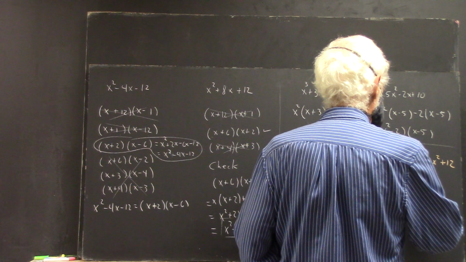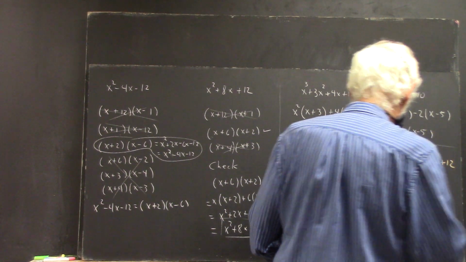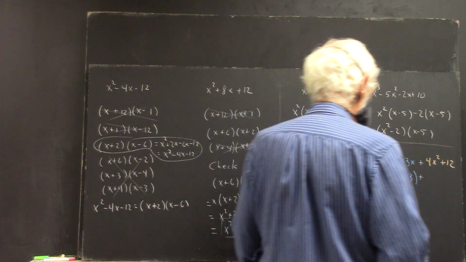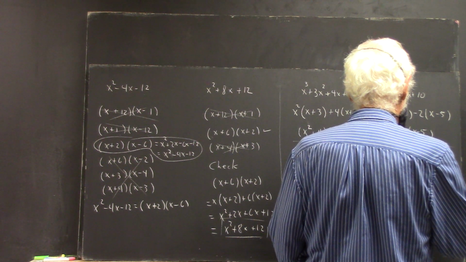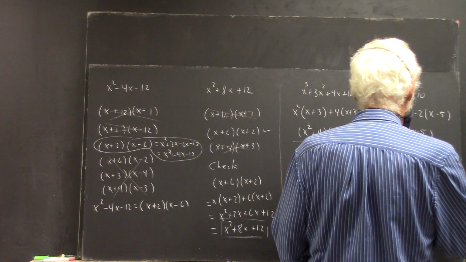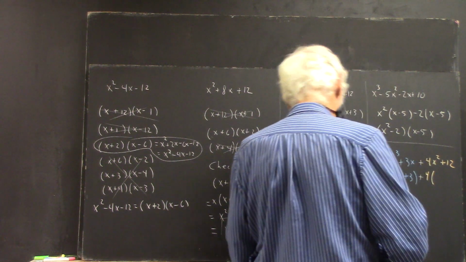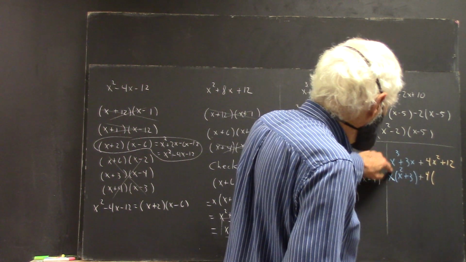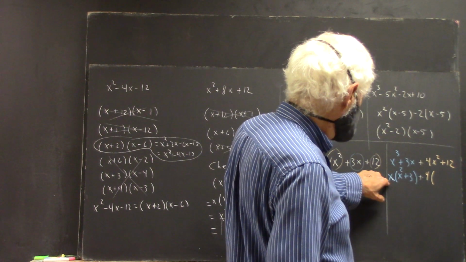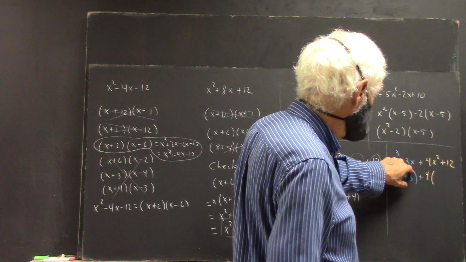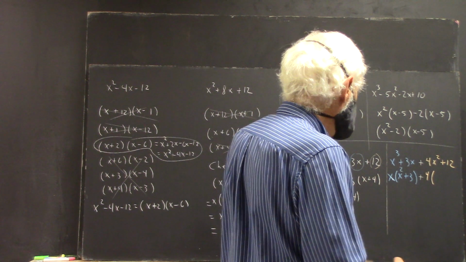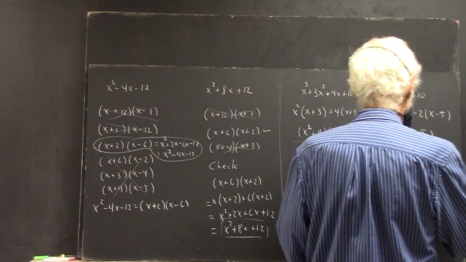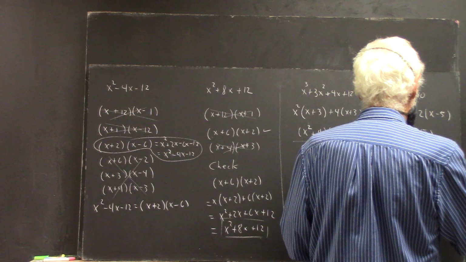And then over here, what can I factor out? I can factor out the 4. Now, careless here. If I factor out x, I'm going to get x squared here, right? So x times x squared plus 3 gives x cubed plus 3x. Factor out the 4, and I'm left with x squared plus 3.